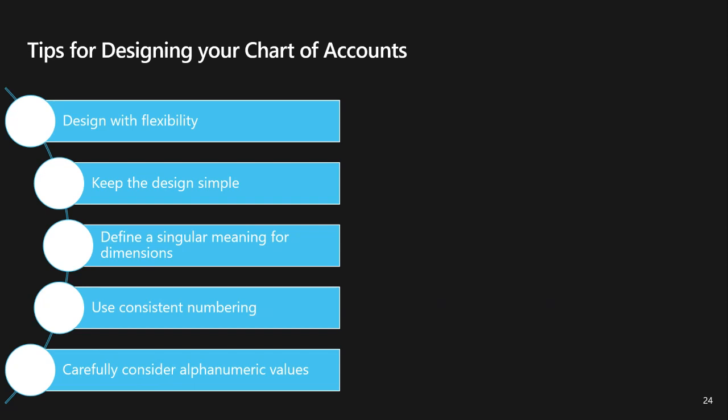Typically, using just numbers is recommended. They can be difficult to sort and inconsistent in length due to variable width of alphabetic characters. In some cases, it can be difficult to create ranges with alphanumeric dimension values.